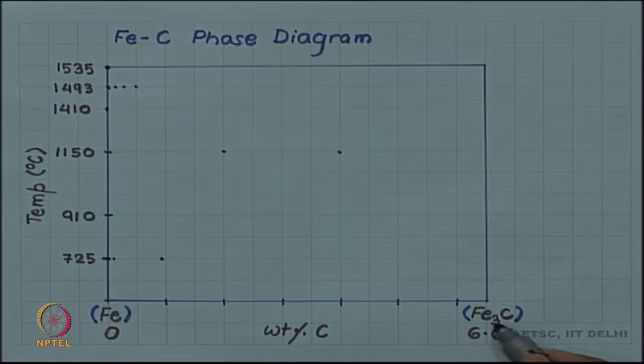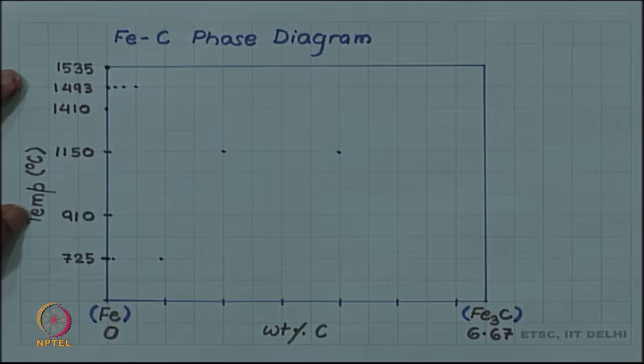So, it has 25 atomic % carbon in it, but since carbon is lighter, 25 atomic % carbon contributes only 6.67 weight %. Beyond Fe3C, the diagram is not interesting to engineers because the alloy will be too brittle and has not much engineering application. So, we look at this.